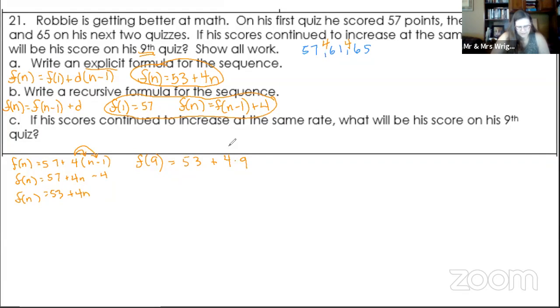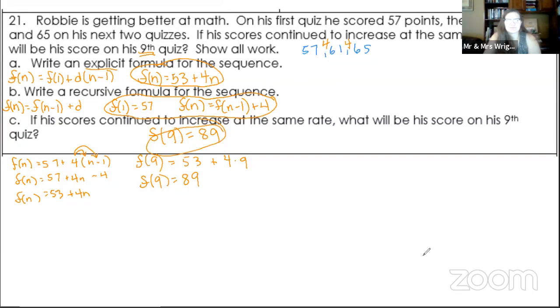So I'm going to plug that into my calculator. 53 plus 4 times 9 equals 69. Oh, I couldn't read my calculator. That's 89. F of 9 equals 89. I knew 69 didn't sound right. 89.